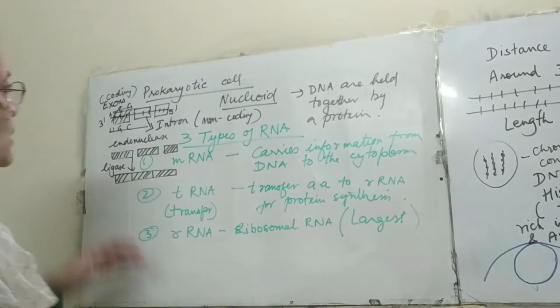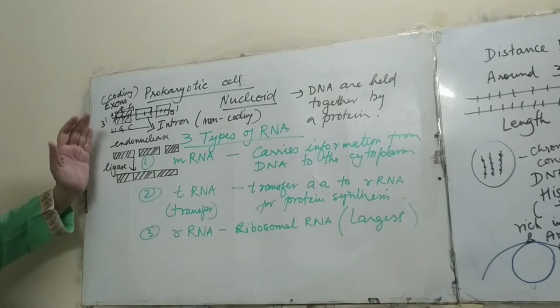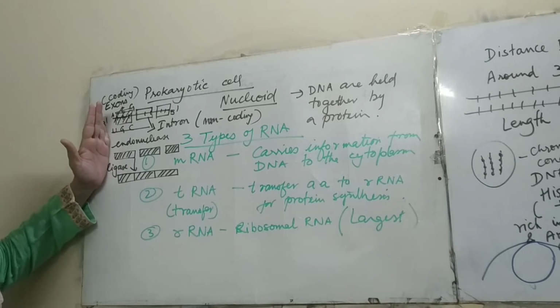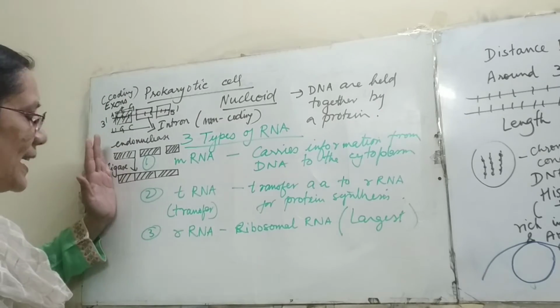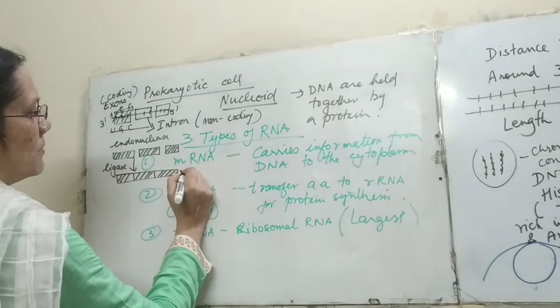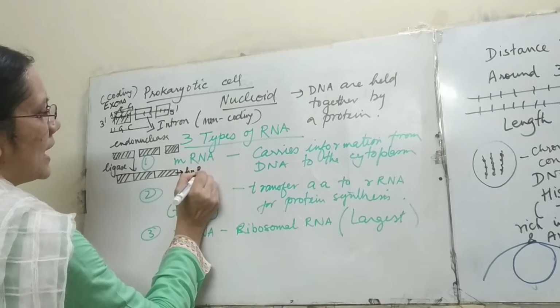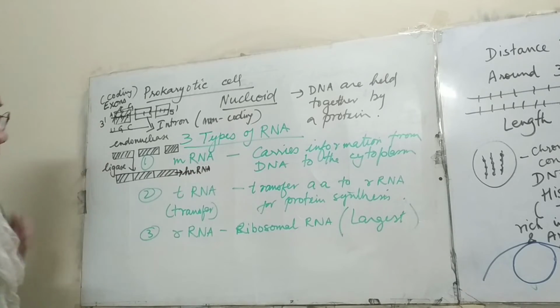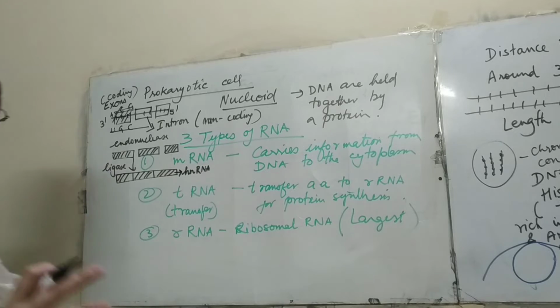So instead of thymine we have the U. Now the splicing has been done, that is it has been cut, then ligating has been done. So this type of RNA which is now formed is known as heteronuclear RNA. Clear?